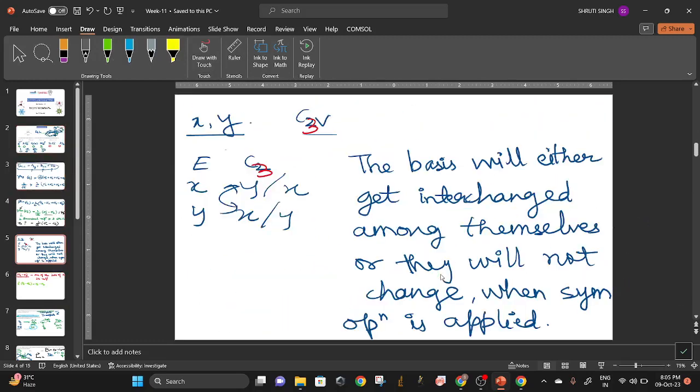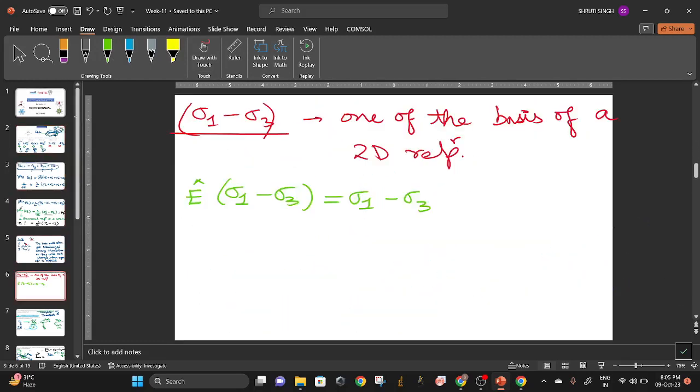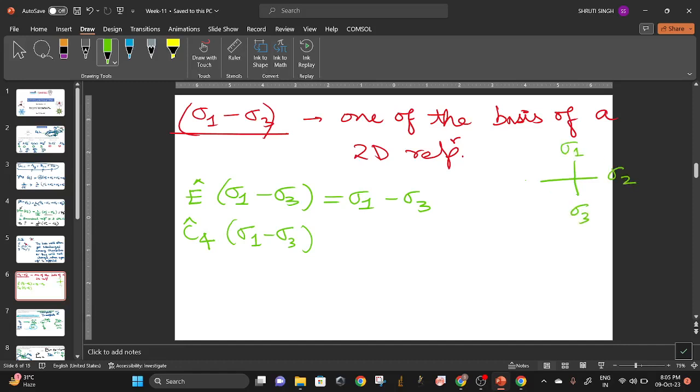Now the second operation is C4. When I apply C4 on sigma 1 minus sigma 3, you remember where my sigma 1 and sigma 3 are. This is sigma 1 and this is sigma 3. This is the combination.